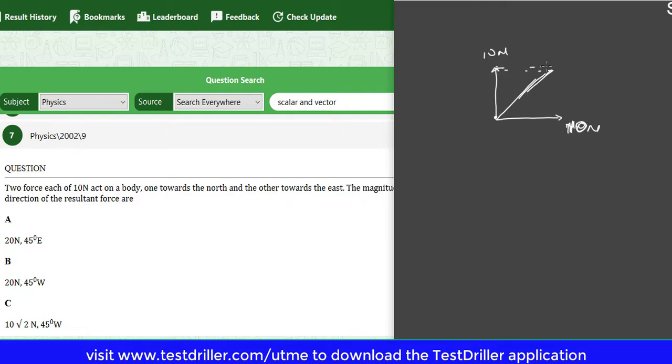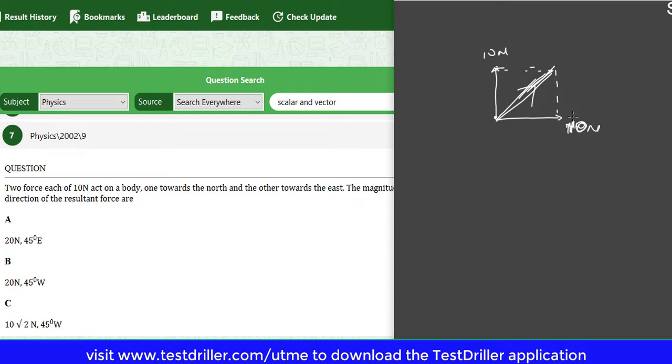But let's use the parallelogram law, where you enclose the shape and the diagonal becomes the resultant force. But in this case, the parallelogram has the shape of a rectangle.